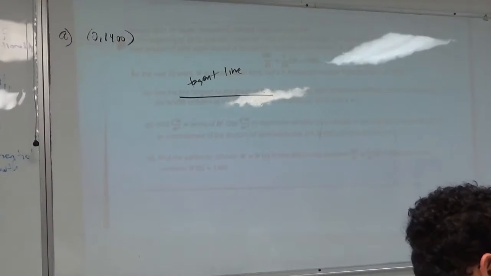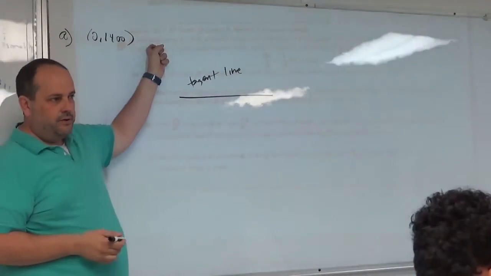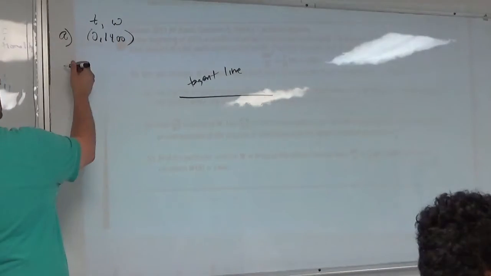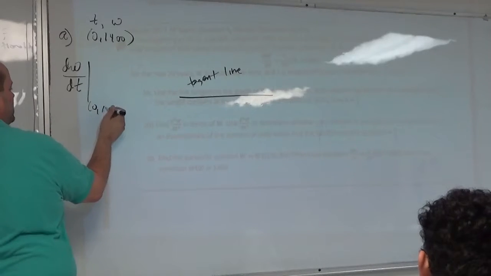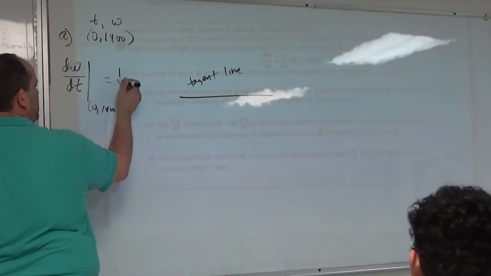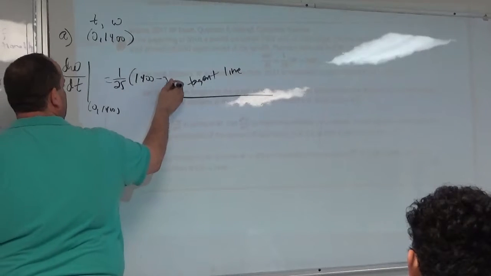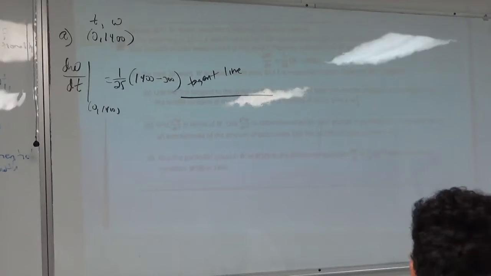For anybody who is still on part A, the point that you were given is 0, 1400. The 0 is your t value, the 1400 is your w value. To get the slope at 0, 1400, you've got to plug in. So this is 1 over 25 times 1400 minus 300, and you know what that is? Doesn't matter. Nobody cares. Sheila knows that it's 44, and there's nothing wrong with the fact that you know that it's 44.